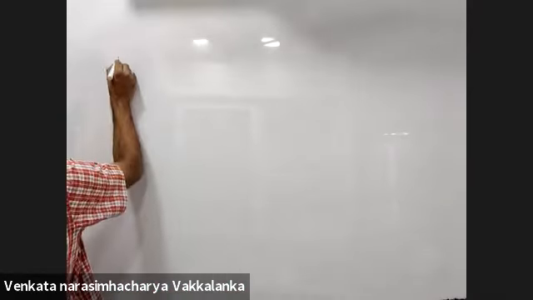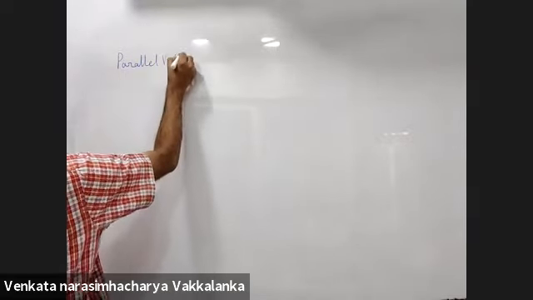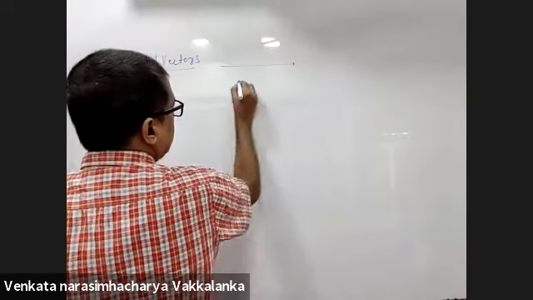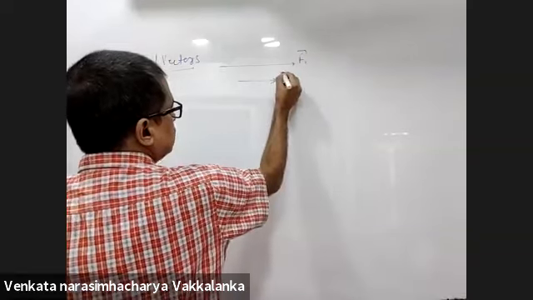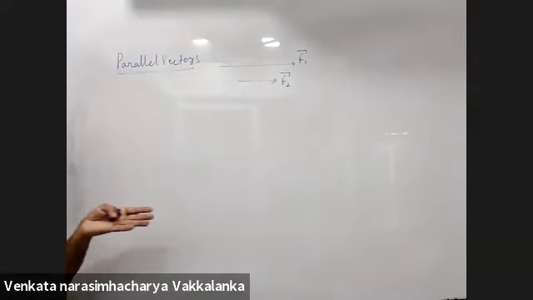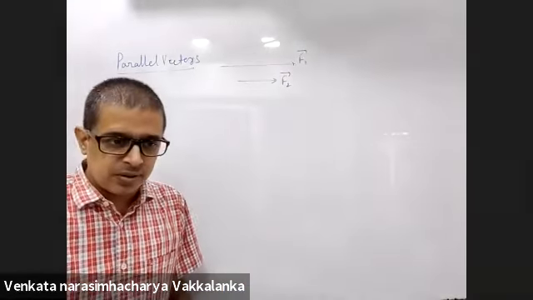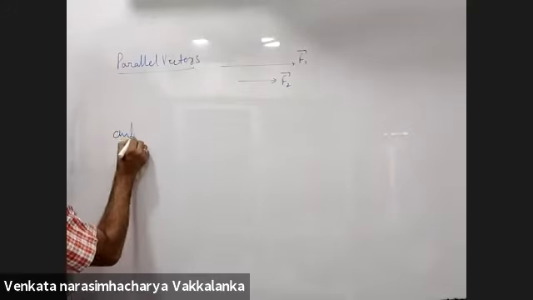No. When do you call them parallel vectors? Parallel vectors are when they are in the same direction. I call this F1, I call this F2. Two vectors in the same direction are called parallel vectors.